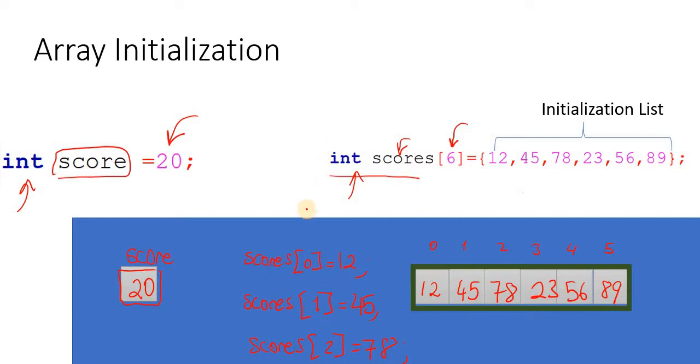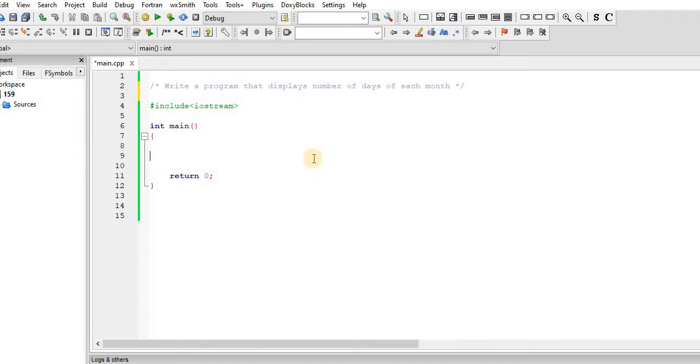So let's practice what we have learned so far. We are going to write a program that displays number of days of each month. For that, I'm going to define an array. Int days, and as a size declarator, I want to use a named constant.